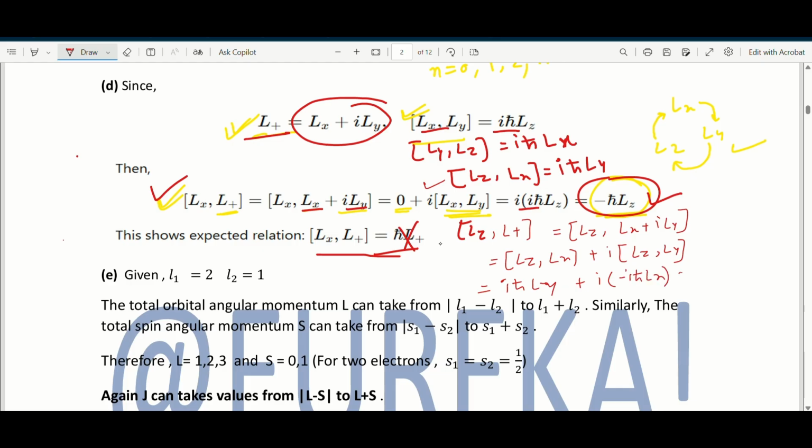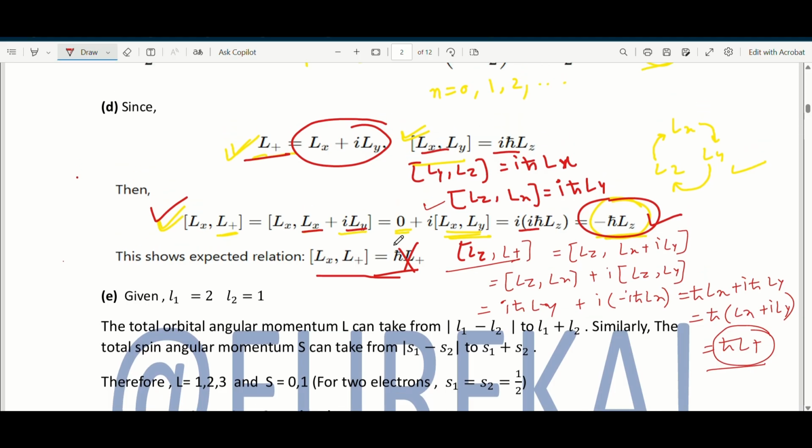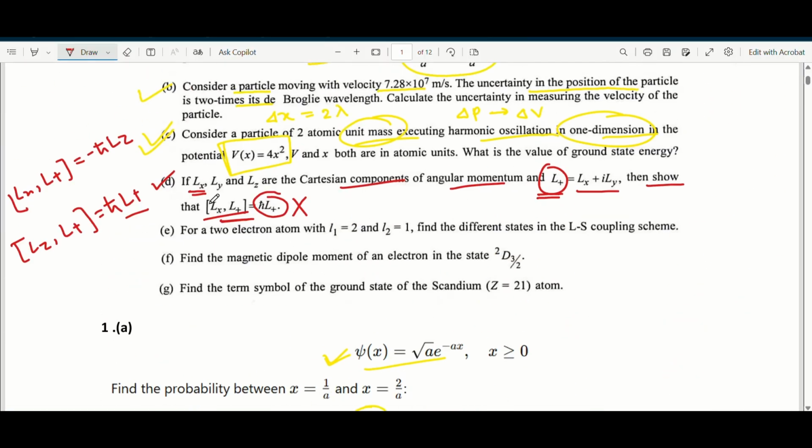So we get H cross Lx plus iota H cross Ly, that is H cross times Lx plus iota Ly, therefore H cross L plus. So this is the answer. The commutation of Lz with L plus will be H cross L plus, but the commutation of Lx with L plus will be minus H cross Lz. Okay, clear? Next question.